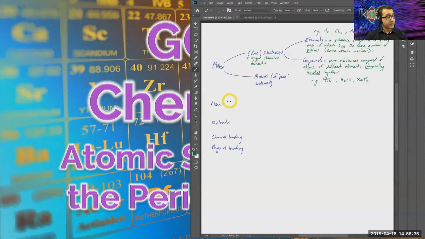So an atom is the smallest particle of an element which retains the chemical properties of that element.